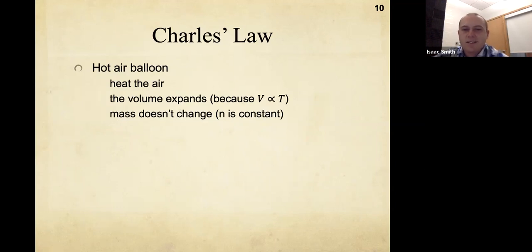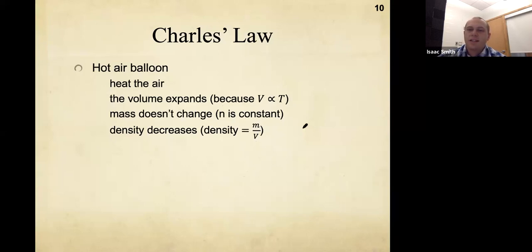So your N is constant, and the density of the balloon decreases. The reason is your mass is the same because you have the same amount of gas inside the balloon, but volume increases because you're heating up the air. As you increase the volume, since that's in the denominator, your density goes down.